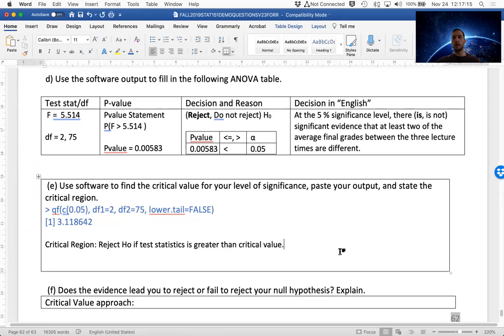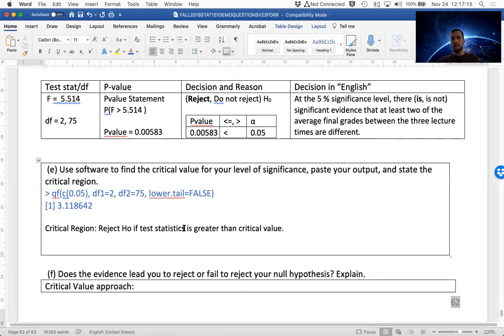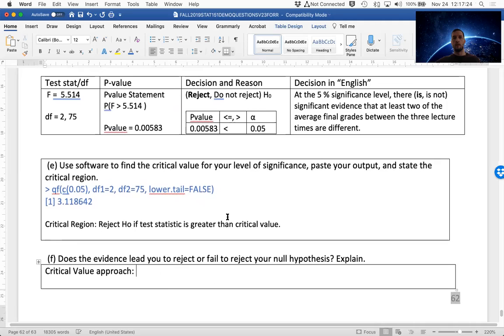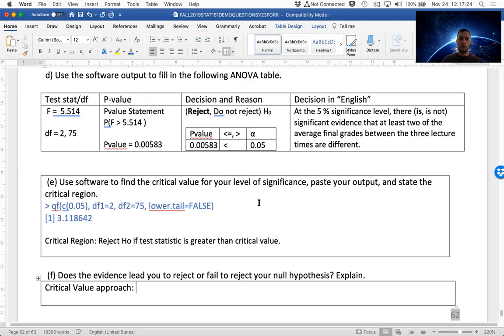We will always reject if the test statistic is bigger than the critical value. So based off the critical value approach, we would reject H0 since 5.514 is greater than 3.118642.